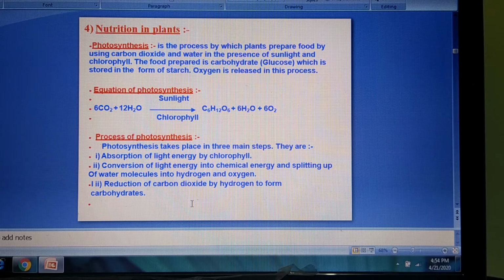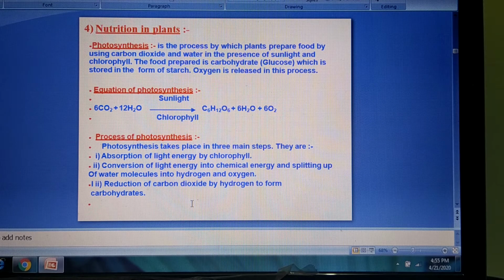The equation of photosynthesis is 6CO2 plus 12H2O, with sunlight and chlorophyll, giving rise to glucose, C6H12O6, that is the formula for glucose, and even water molecules and oxygen are released. This process is performed mostly by green plants and some bacteria.